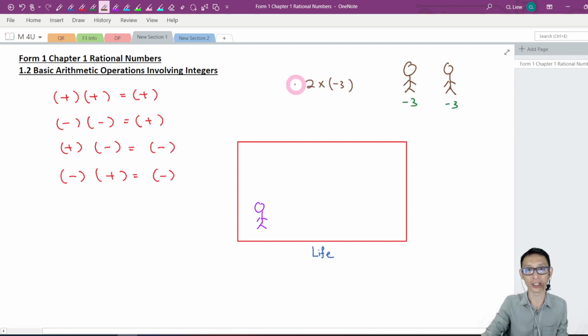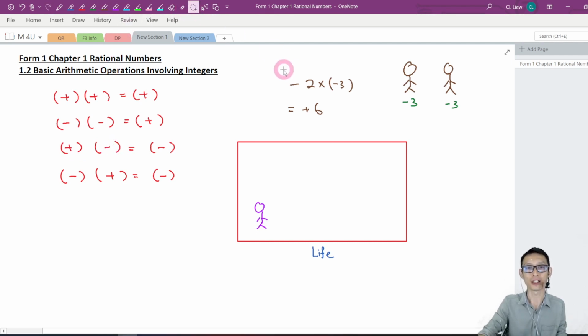Take away, so I'm going to use negative, minus, to represent this, take away these two creditors. Now you don't have to pay them anymore, so you have more money to spend, right? Therefore, the value is actually increasing. Negative, negative will give us positive. So this is why negative, negative, you get a positive answer.